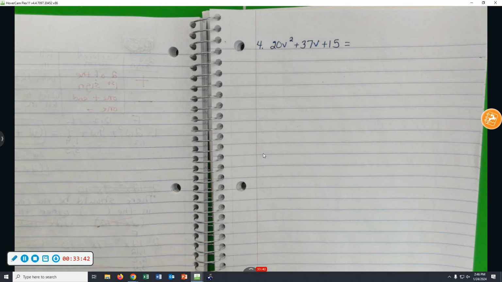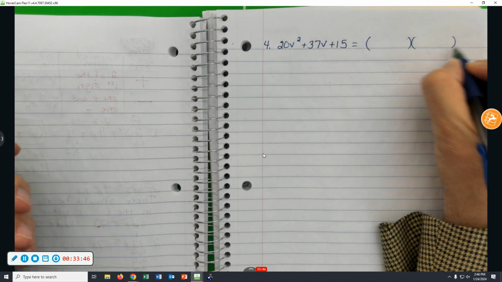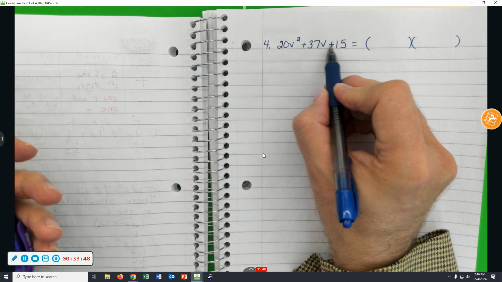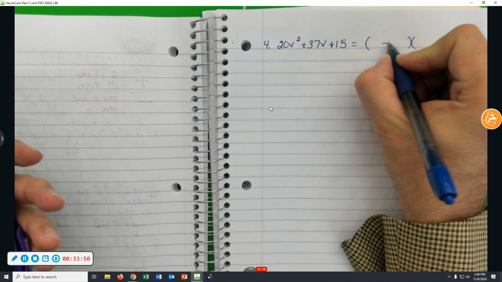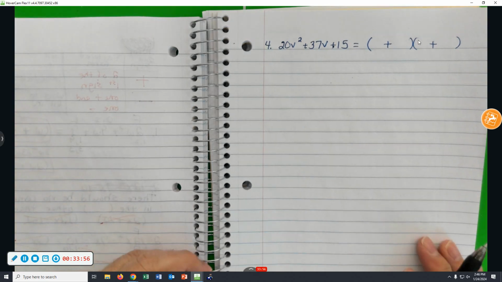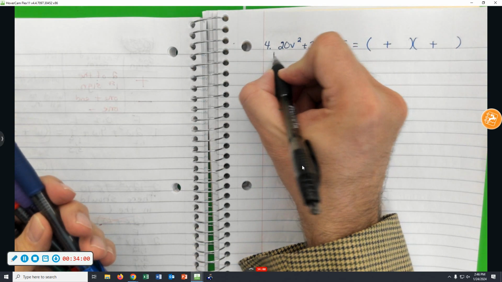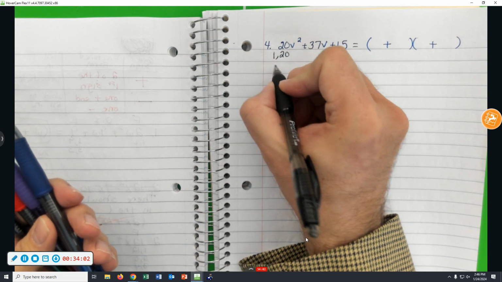So draw my 2 sets of parentheses. Second sign is plus, 2 of the first, so plus, plus. And do you agree we're going to need a b times b to get that b squared? So we know the variable part of the first term. The problem is that 20.